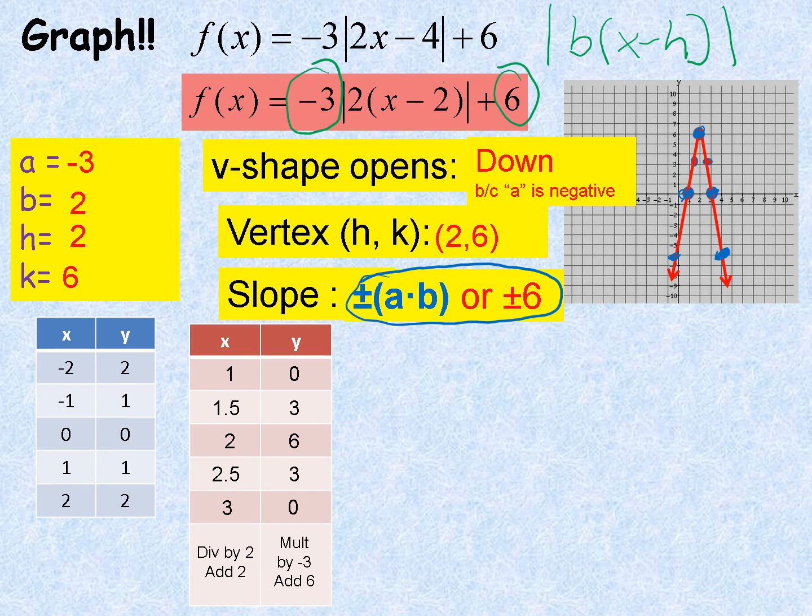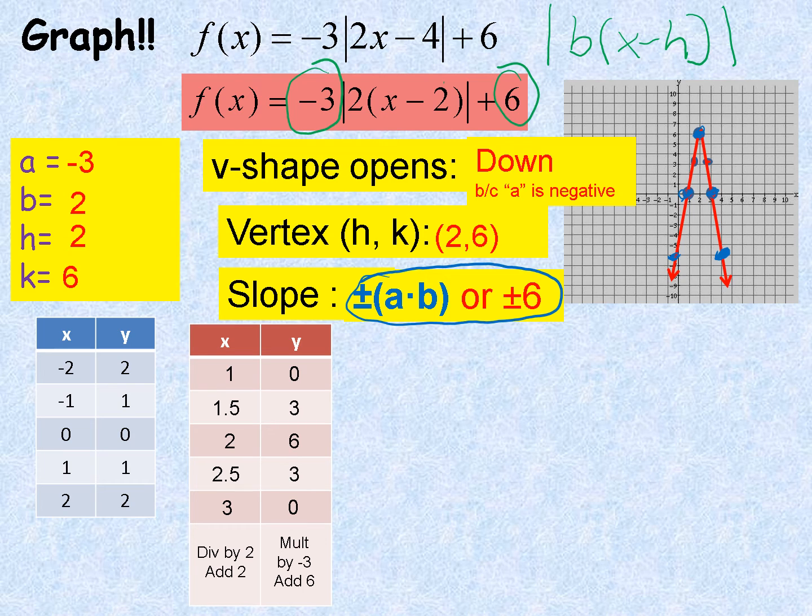So now this little trick of applying the slopes to each side, that only works on the absolute value. It's not going to work for any other function. It only works for the absolute value. So if you use the little slope trick, I want to see you state your vertex and the slope before you graph.